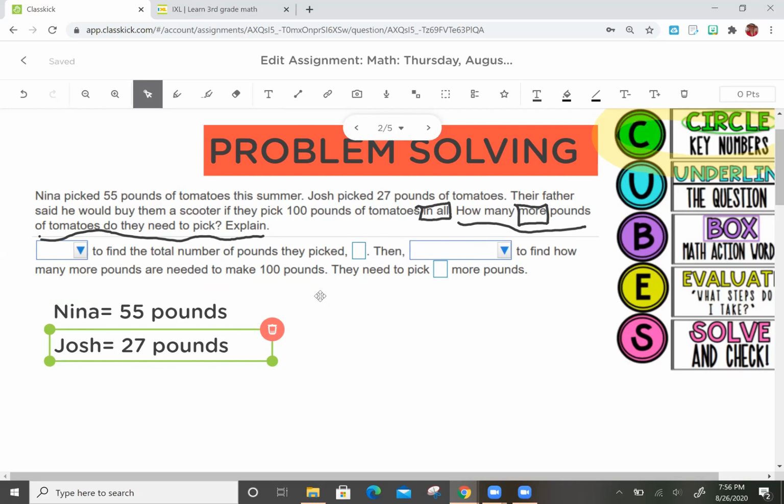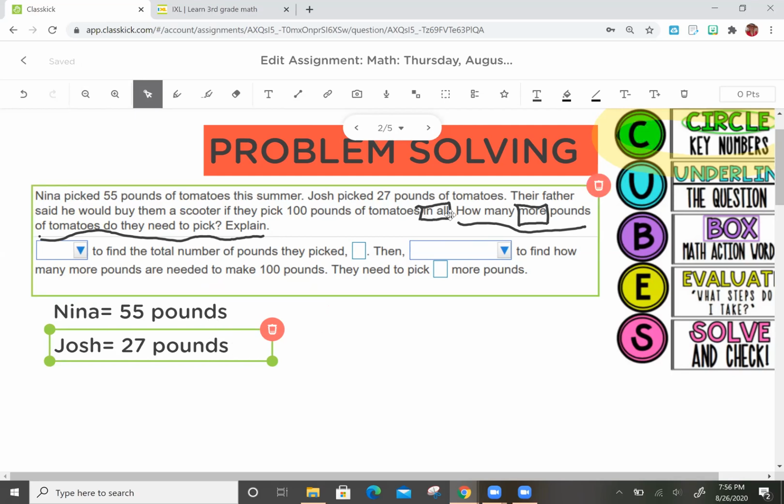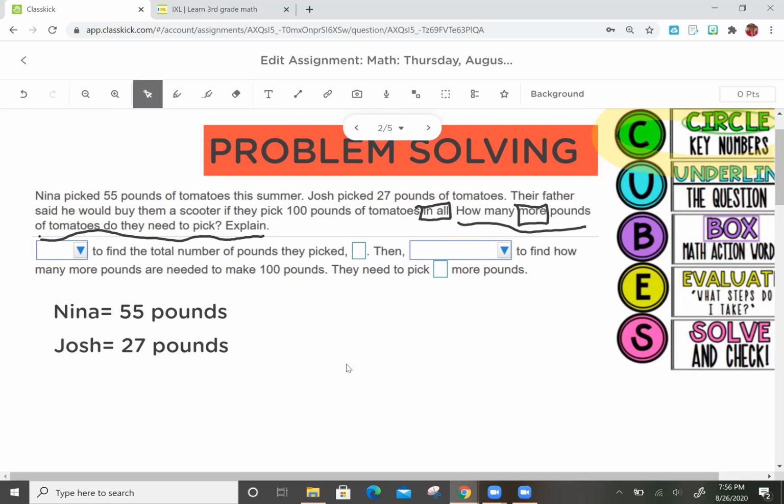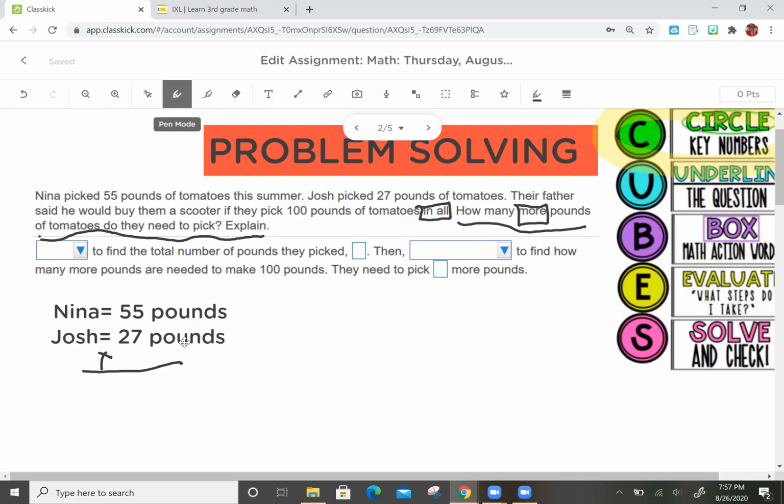If I want to figure out how many they have together, how could I figure that out? Add, subtract, multiply, or divide. We would have to add. So if I add these two numbers, 5 plus 7 is 12.